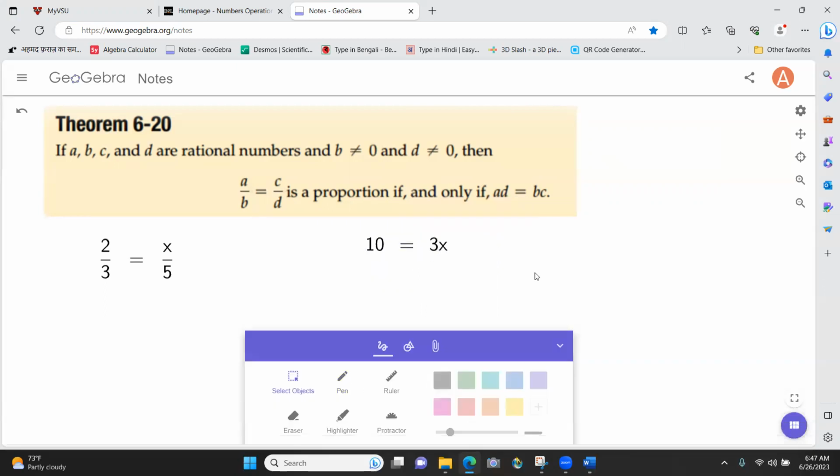Now look what we have done. 10 is really 5 times 2, and 3x is 3 times x. That's all we are doing. It's called cross multiplication, multiplying this by this and this by this and setting them as equal. It's a valid step. We are going to use it. We won't show you how to do it, but we would kind of assume you know how to do it. All right.